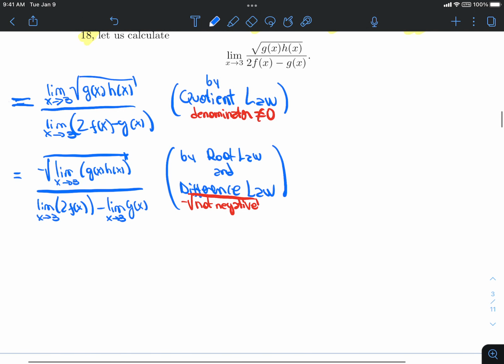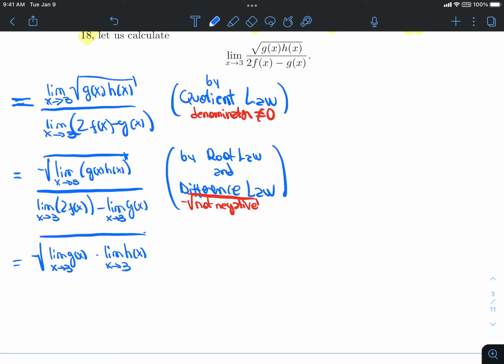I'm almost done. I can use the product law on the inside of the root. Let's split this product into two.